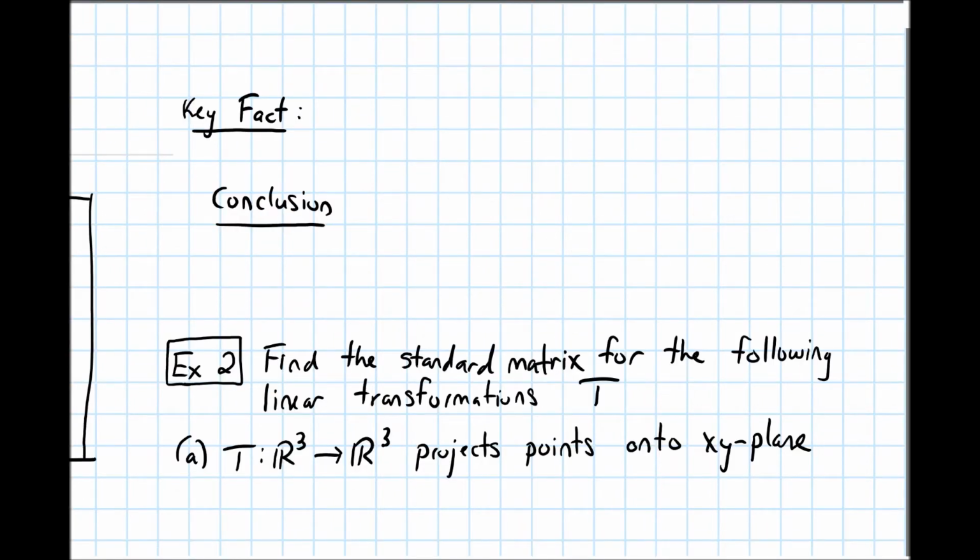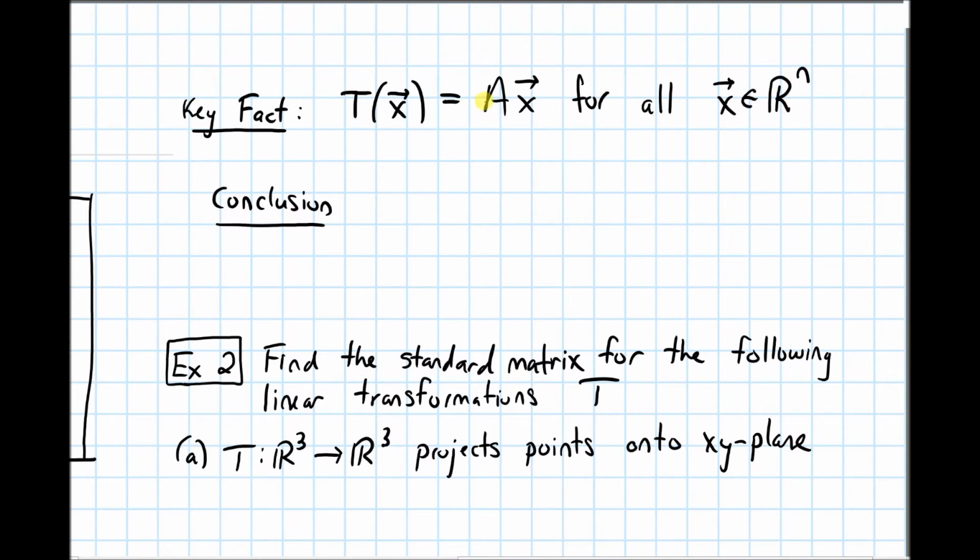The first thing I want to state is a key fact: we constructed this matrix A so that T of x is the same thing as A times x for all vectors x in Rn. So the matrix A and this function T are doing the same thing.